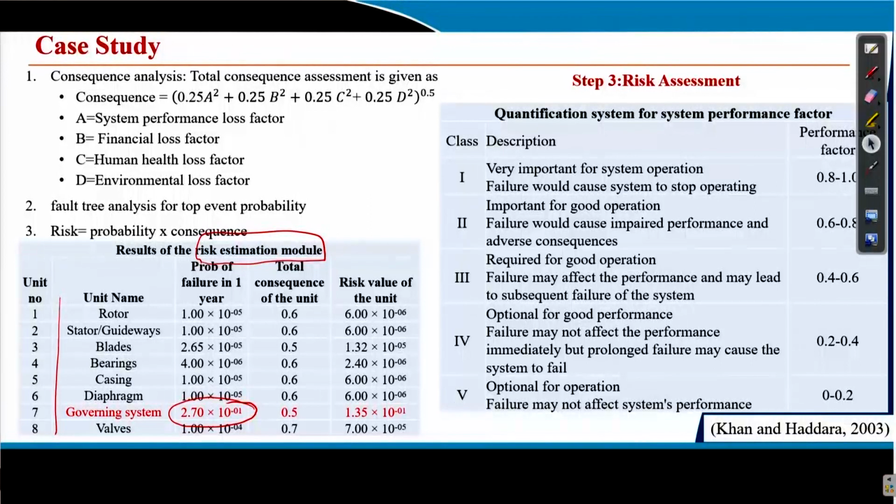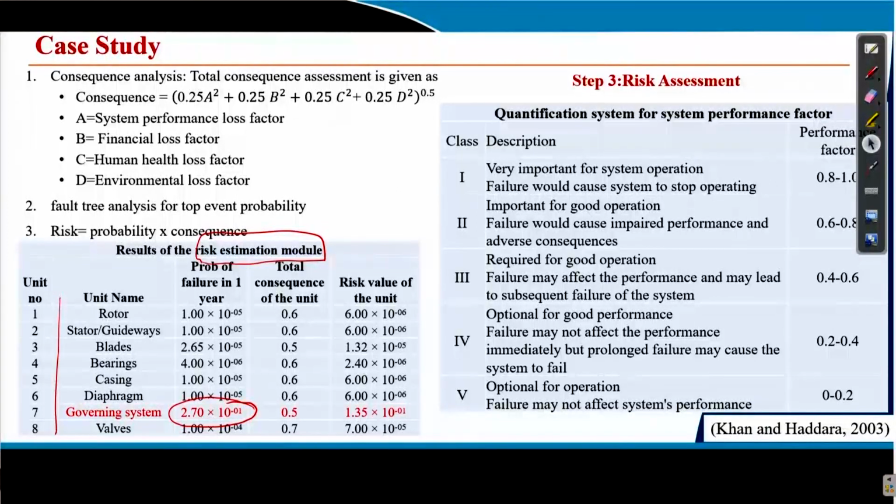For the consequence part, we took help from the paper by Khan and Haddara, 2003. When we studied this system, we got this paper and used it. Over time, many more loss factors have been included in the model, so we can use them, and then the consequence calculation will be different.